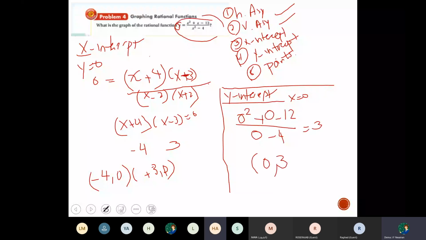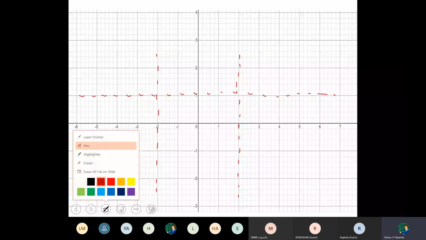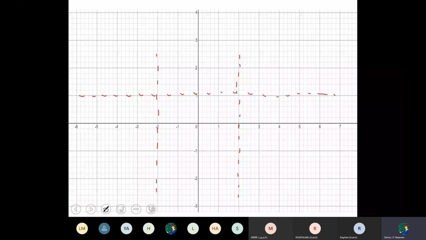So the y-intercept is 0, 3. Now let's do it on my graph. Where is negative 4, 0? It is here. I will now put the y-intercept, 3, 0, and 0, 3.